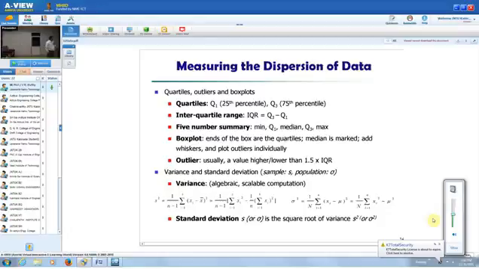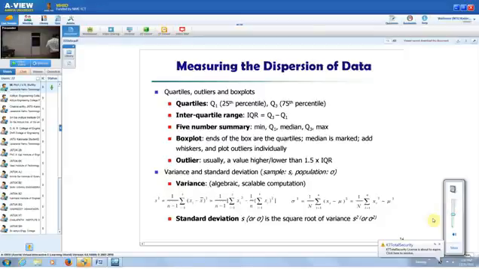Your sigma square is considered as 1 by n into sum of xi minus mu whole square, where mu is your mean.